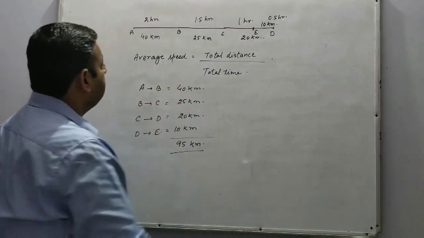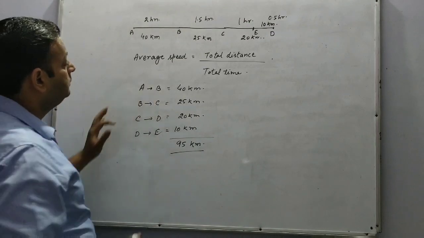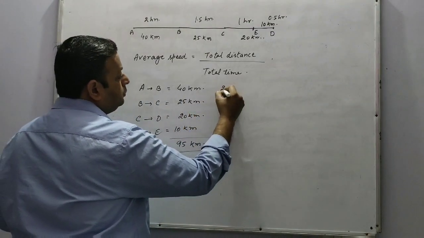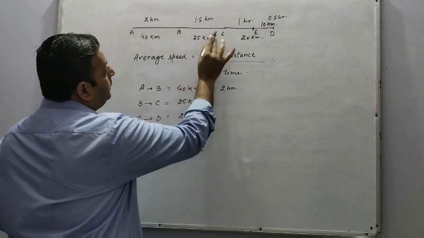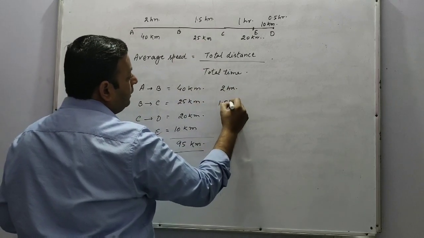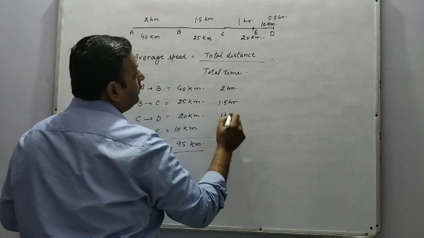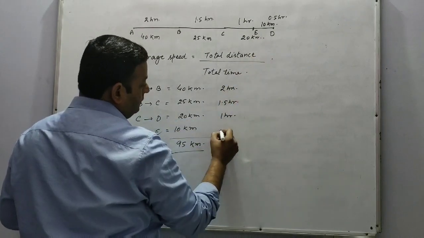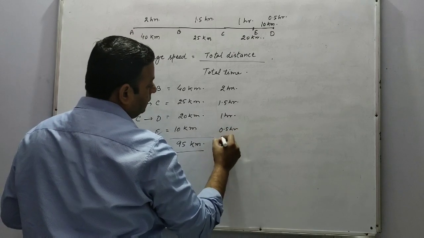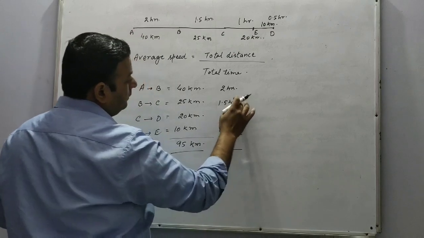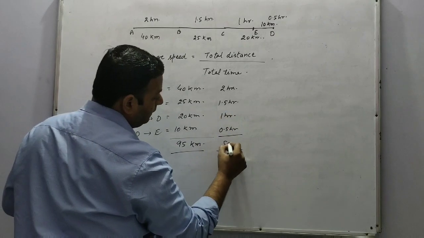And total time taken: from A to B, 2 hours, B to C, 1.5 hour, C to D, 1 hour and D to E, 0.5 hour. So the total time taken is 5 hours.